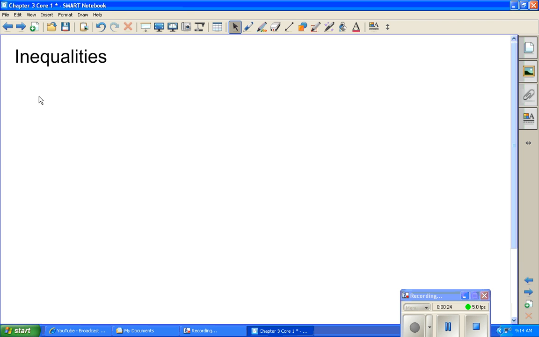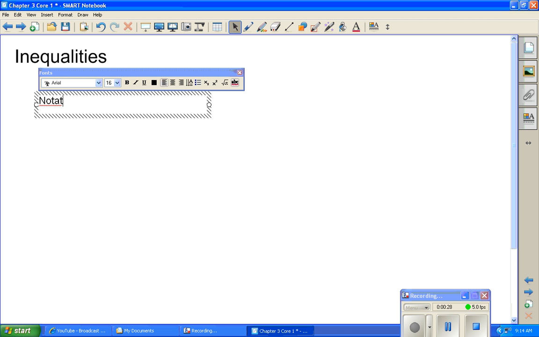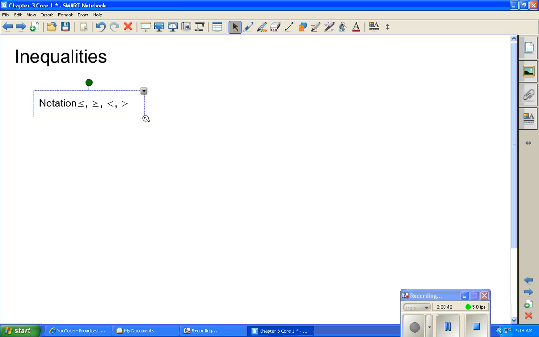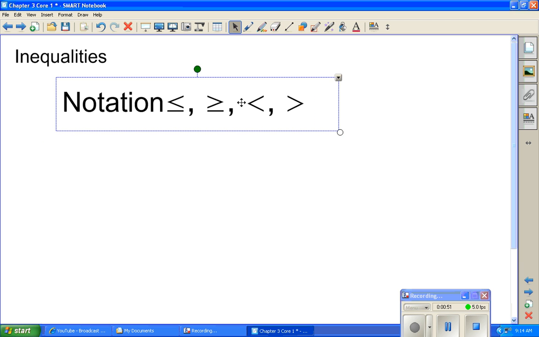Hopefully you'll remember some of the notation. Here on this screen we can put in this sign, and we can put in this sign and these signs. These are your principal signs for your notation.